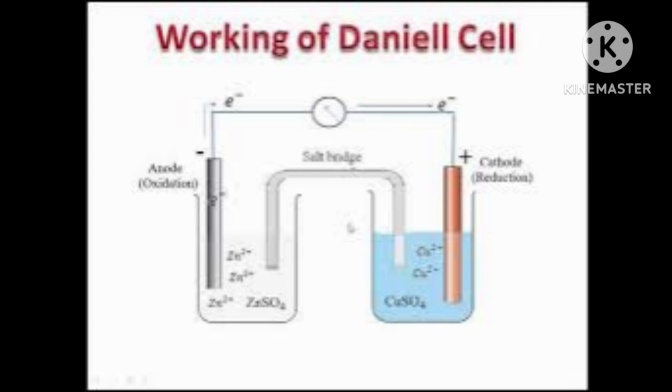And the second type is the electrolytic cell. What is this? The electrolytic cell is a device which converts electrical energy into chemical energy, the reverse of the first one. It means a non-spontaneous reaction can now take place.